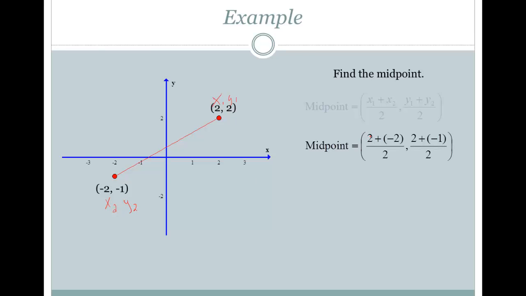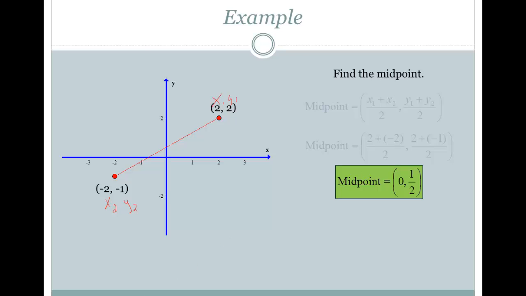And I just plug them in right here. I go 2 plus negative 2 for my x coordinate, 2 plus negative 1, and I'm going to divide both by 2. And what you should see is my midpoint is going to be 0, 1/2. Okay, so there's my midpoint.